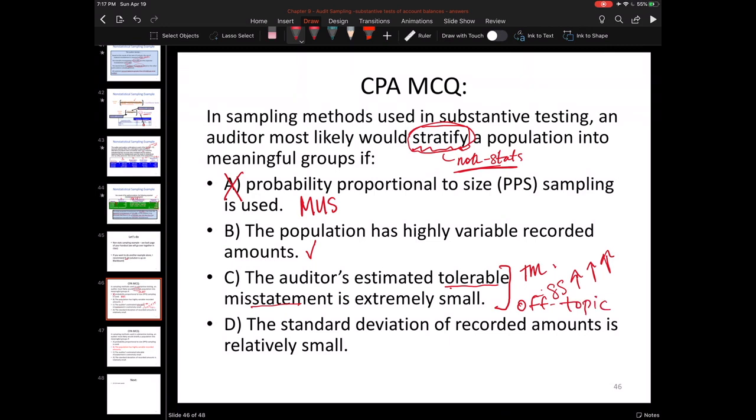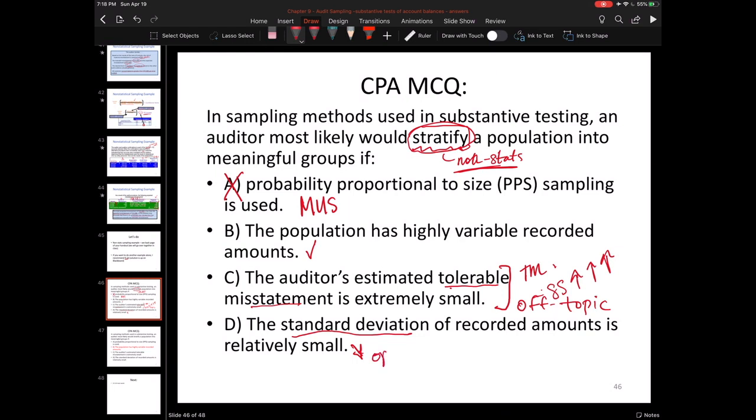And lastly, we have D. The standard deviation of recorded amounts is relatively small. So this would mean all the accounts are about the same size, right? If the standard deviation is small, that means all the accounts are about the same size.